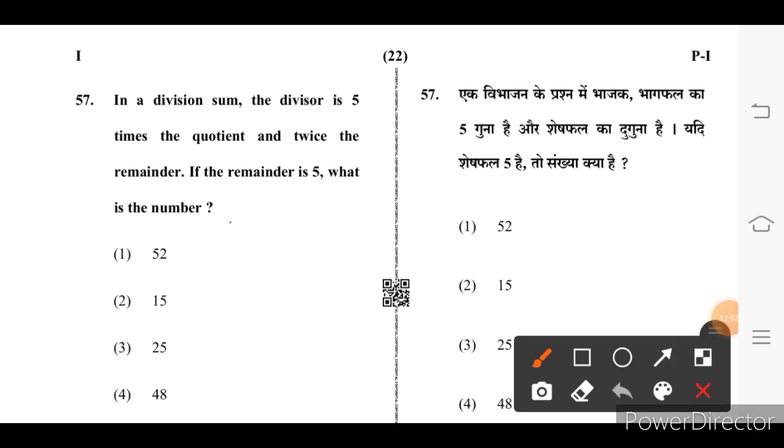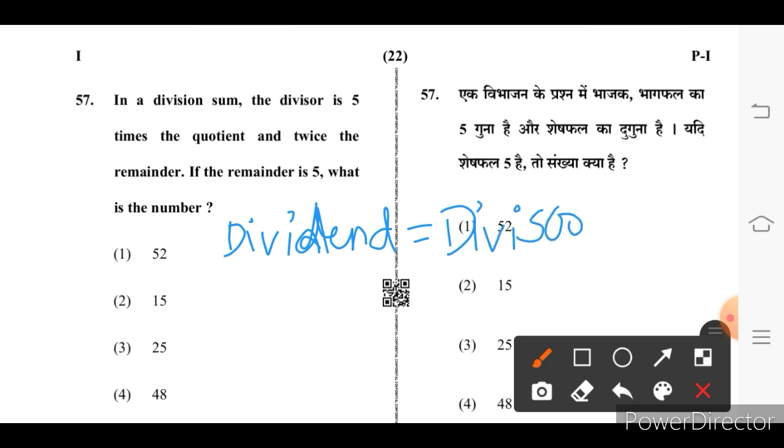Dividend equals divisor into quotient plus remainder.